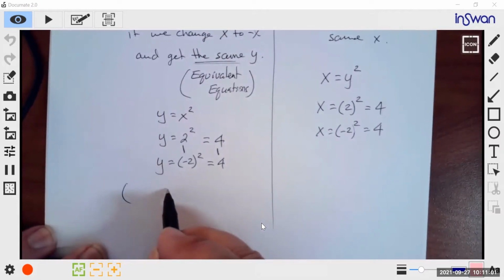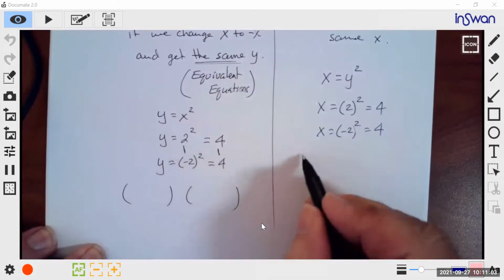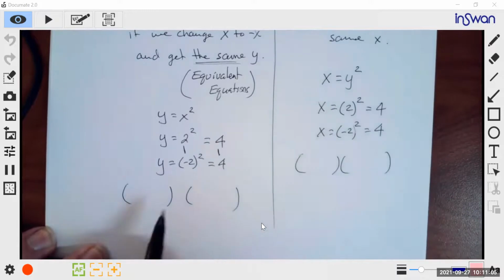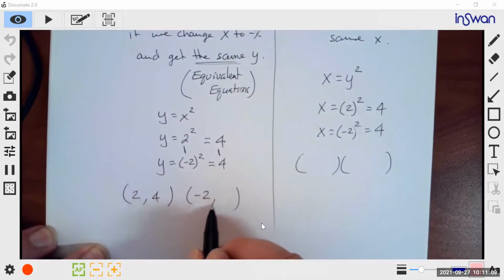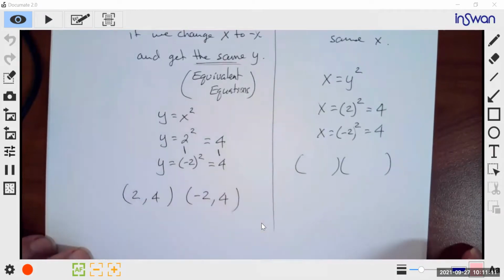So let's look at these from a point standpoint. I changed from 2 to negative 2. I got the same y values.